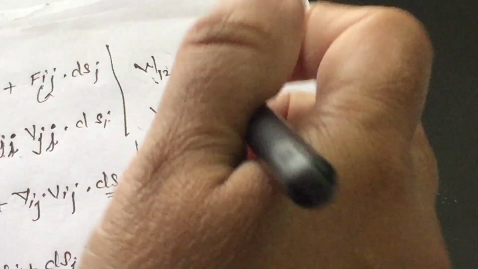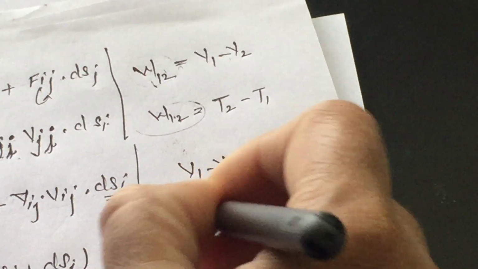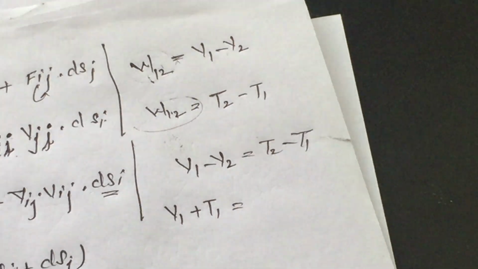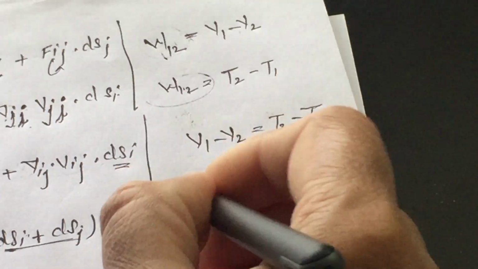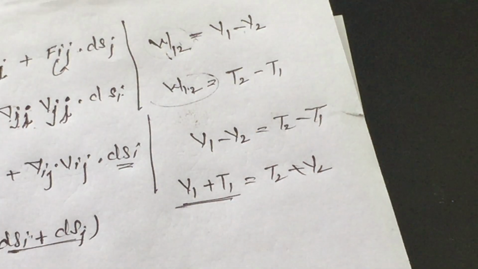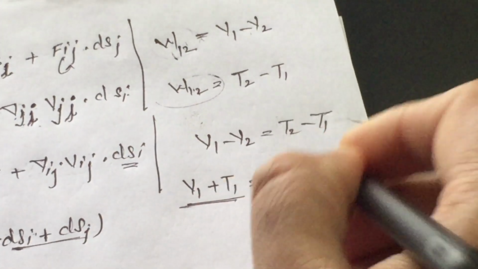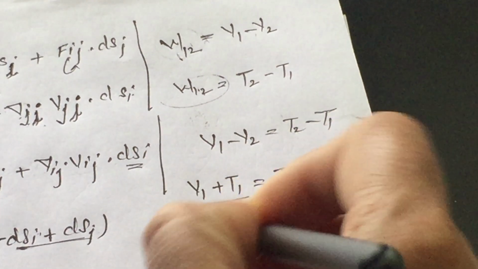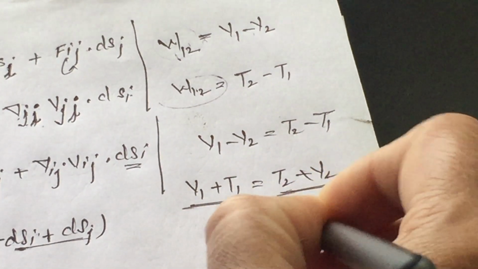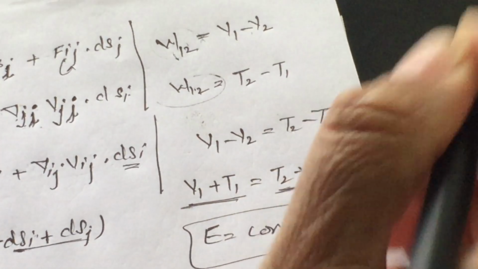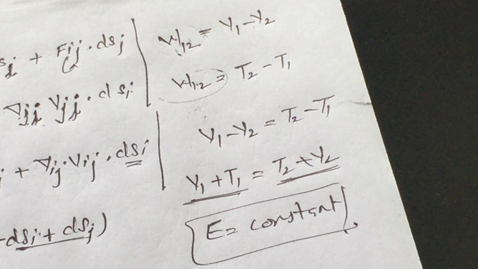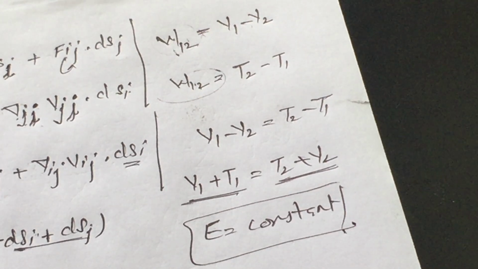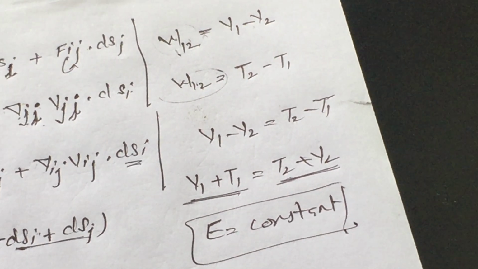If we just take the initial terms at one side and final terms at another side, you will get the sum of initial kinetic energy and potential energy is equal to the sum of final kinetic energy and potential energy. It means the energy is constant, and hence we proved our relation that for external forces conservative and internal forces central, the total energy remains constant.